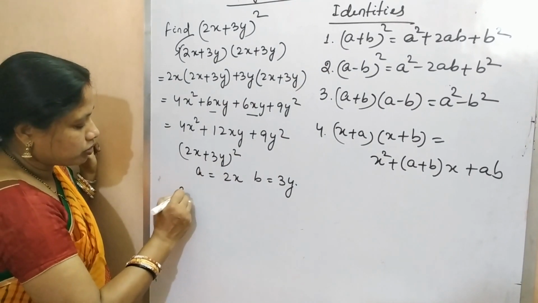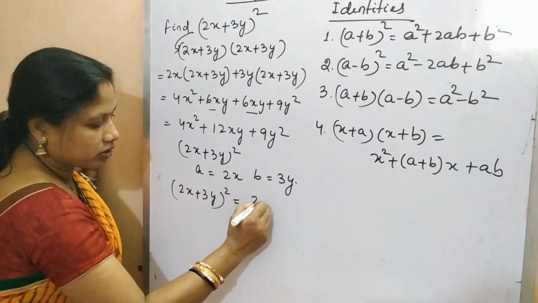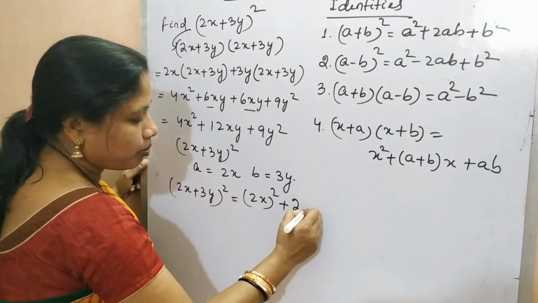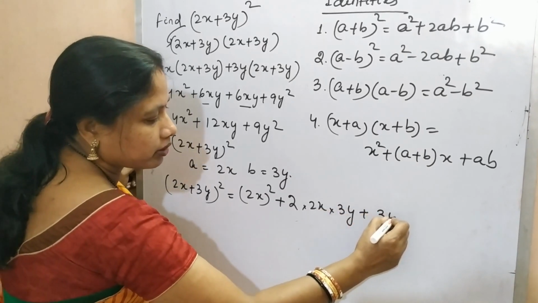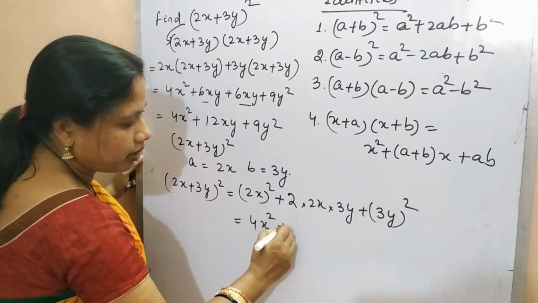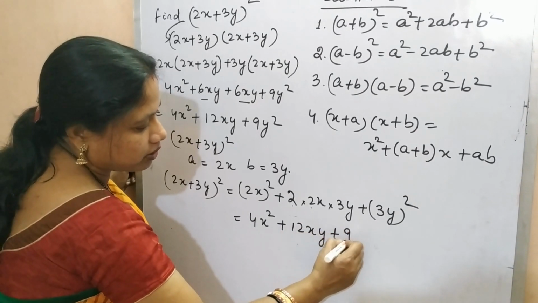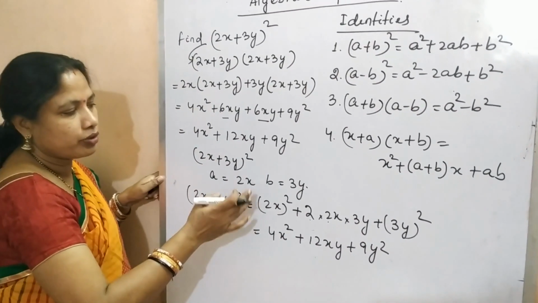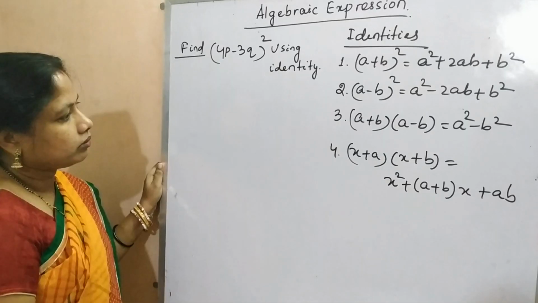So (2x + 3y) whole square is equal to a square, means (2x) square, plus 2ab, 2 multiplied with 2x multiplied with 3y, plus b square, (3y) whole square. So this is equal to 4x square plus 2 times 2 times 3, that is 12xy, plus 9y square. The answers are the same in both methods, so you can adopt any method, but here you have to use the identity.